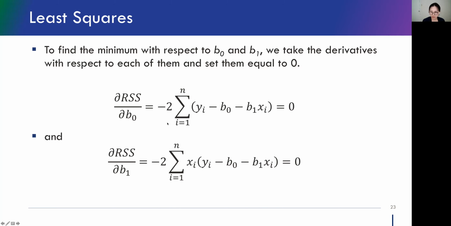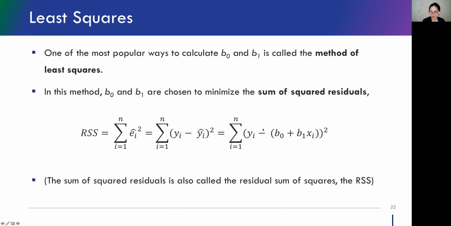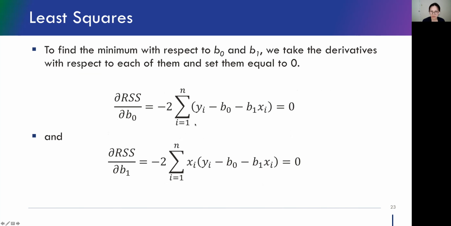So take the residual, it will be like this, because when you take the derivative, you bring the 2 to the front, and then this whole thing to the power of 2 minus 1, then it becomes this, right? And we set it to 0. So this is with respect to B0, and we do it again with respect to B1.